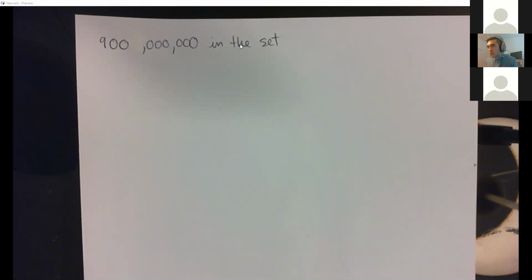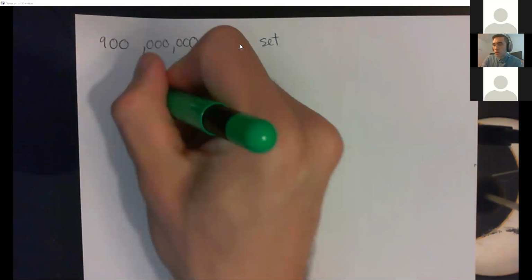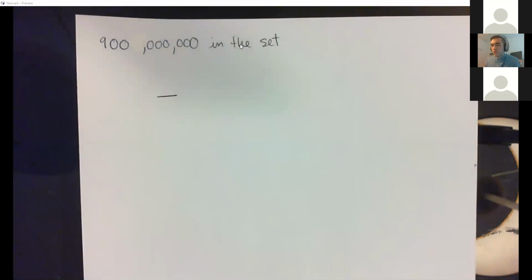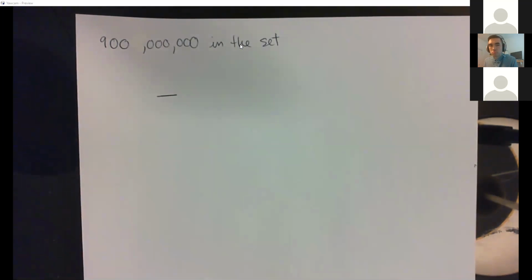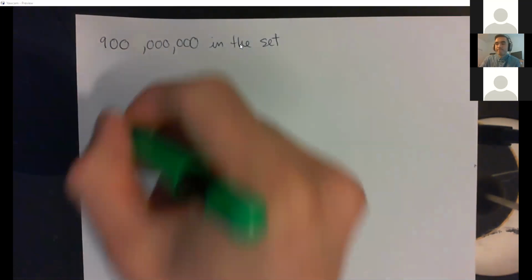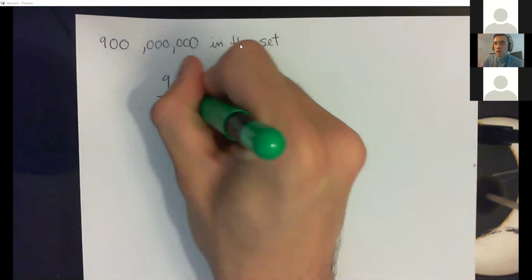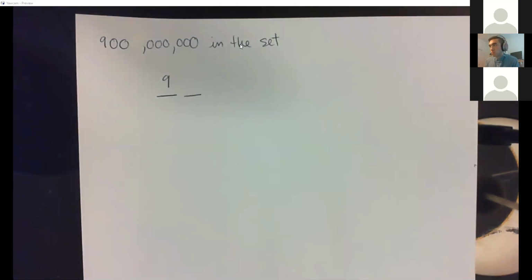Here's the way in which I figure this out. So the first digit can't be 0, right? So how many different numbers can sit here? 9. And then what about that next position? Really, the only rule they're giving us for this is that the first digit can't be 0, but there's no rules for any of the other digits.